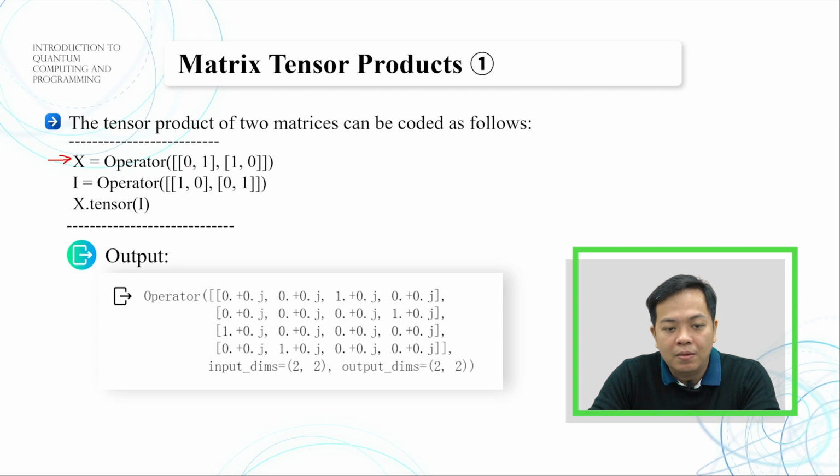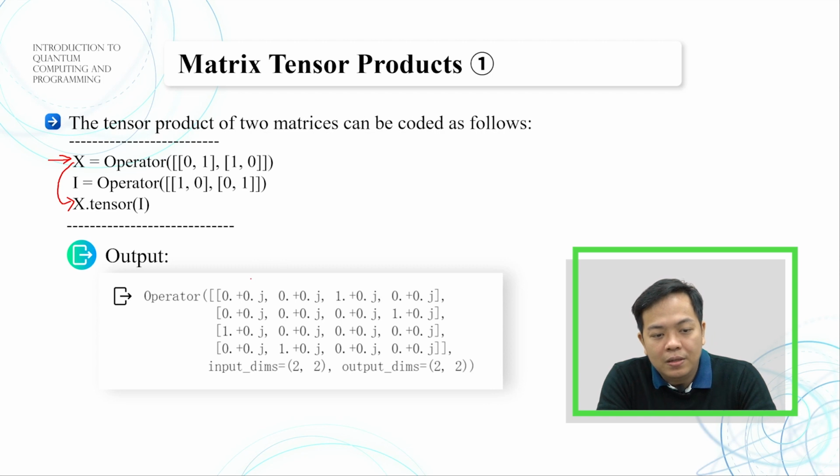You can have a two dimension matrix, and the second is the identity matrix. The matrices will have the same dimension, and we can check the tensor product for these two by adding the first matrix name plus tensor, and inputting the second matrix. And over here is the result after you calculate the tensor product for the two matrices.